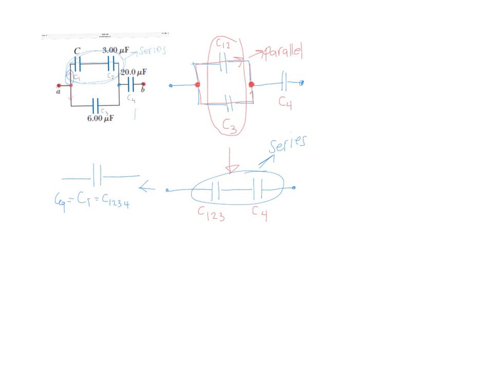Now if the objective is for us to be able to find the charge in each of the capacitors or the voltage in each of the capacitors, it is very important that we work our way backwards. So for example, in order for us to be able to solve for charge 1, charge 2, charge 3, and charge 4 for each of the capacitors, we will have to start with the total capacitance.